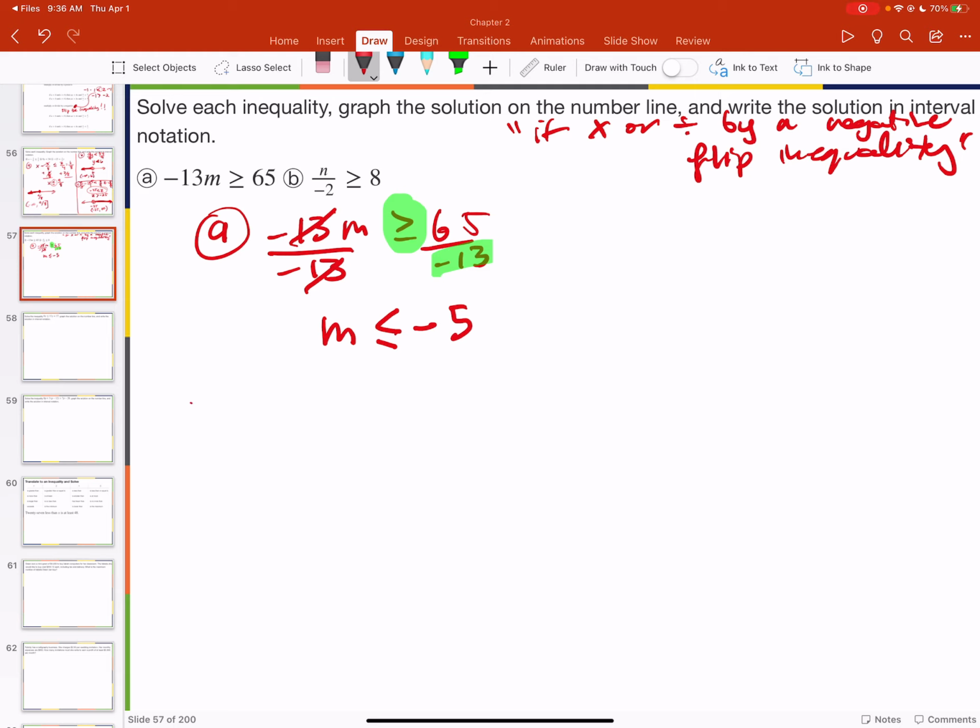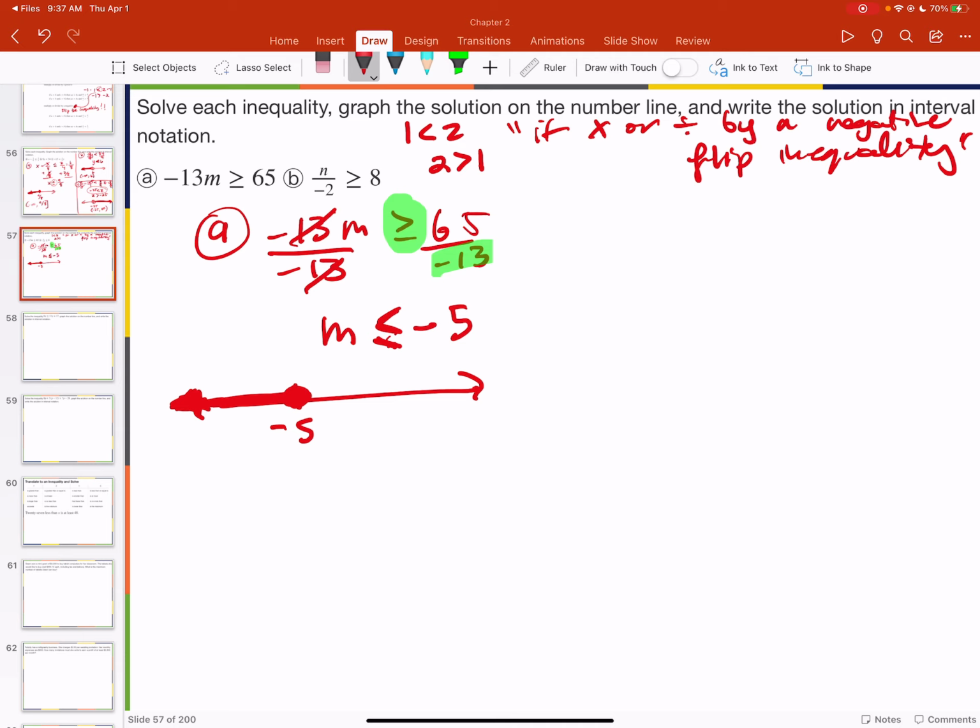Then on the number line, you can put negative 5 anywhere, and it's less than or equal to, so we highlight this and write this. One thing I also want to mention about inequalities: if we have 1 less than 2, we can rewrite that as 2 greater than 1.